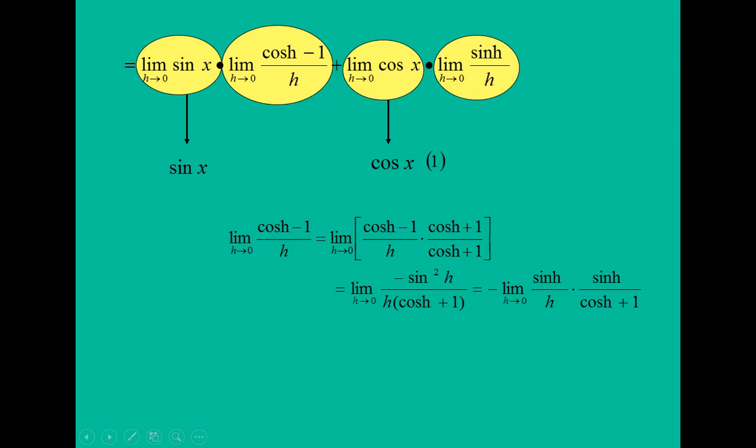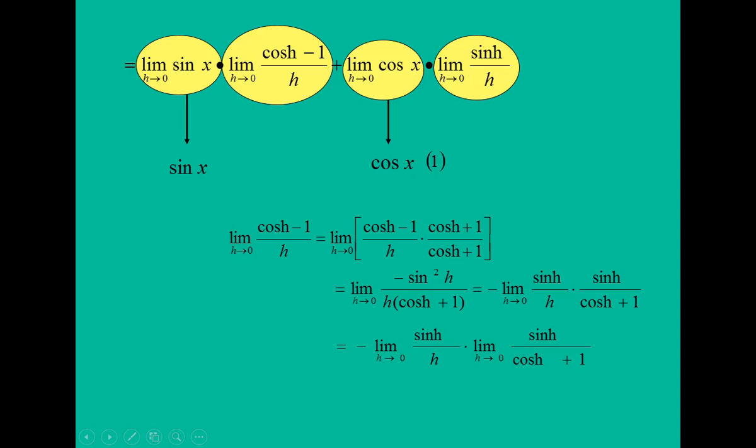Now we can break that up. We can bring a negative out front of the limit, and then the sine squared h we can rewrite as sine of h over h times the sine of h over cosine of h plus 1. Now we know that the limit of the sine of h over h as h goes to 0 is just 1.